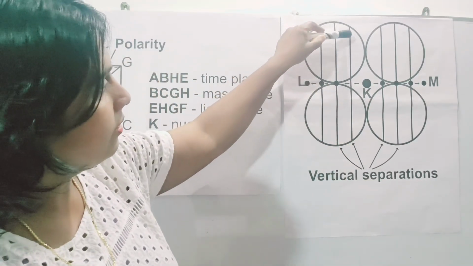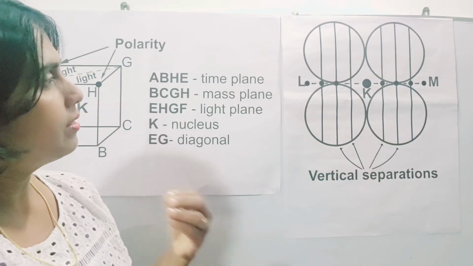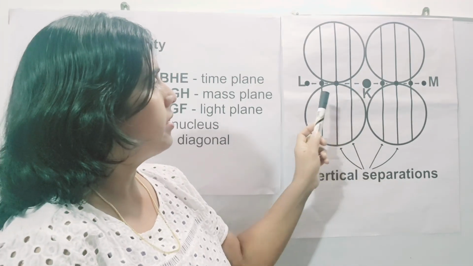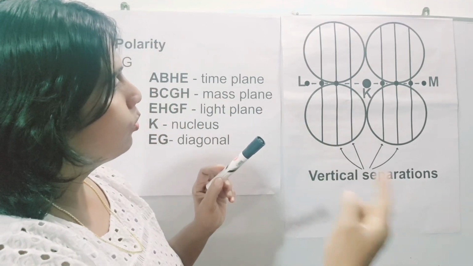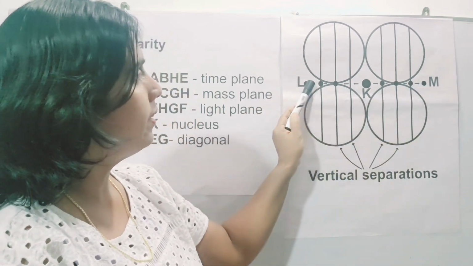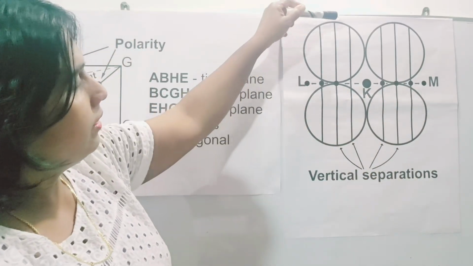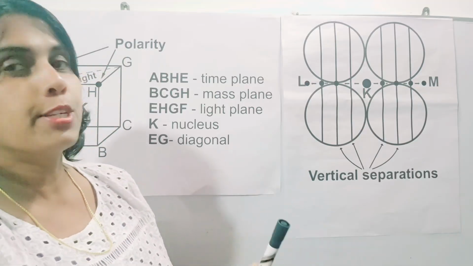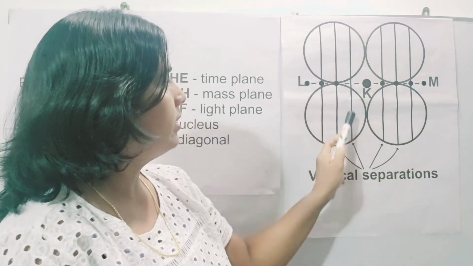So when the four teeth structure is separated vertically, at every point there is the mouth-like opening, horizontal here between L and M. These represent the vertical separation lines, and there is an intersection point between this horizontal line and vertical line.